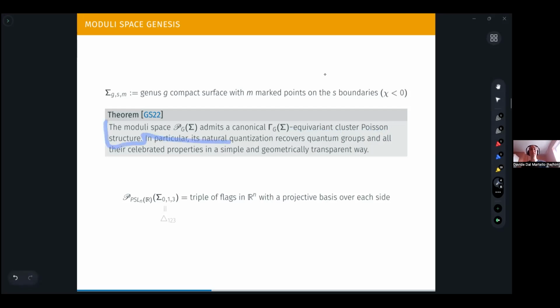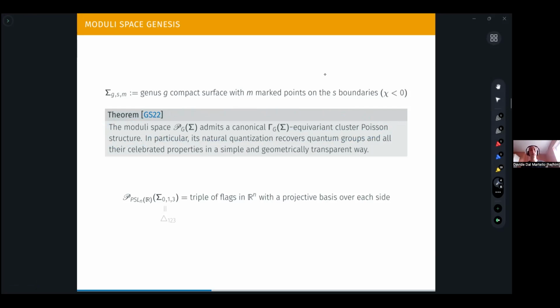Now, this sentence is basically the very essence of the theory, because it encompasses most of the serendipitous and fantastic properties that these moduli spaces have. In particular, the advertising I want to make is that by this very sentence, this moduli space becomes a very strong candidate for a geometric realizer of quantum algebraic objects.